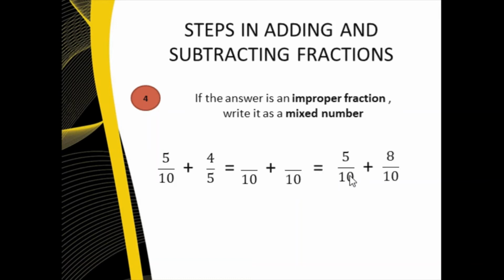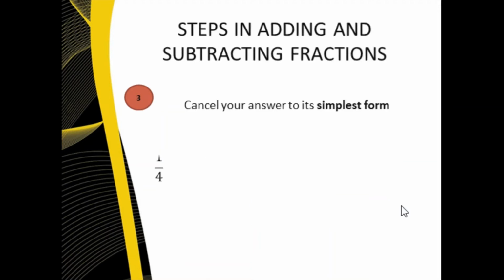And so you have 13 over 10. 13 over 10 is an improper fraction. So we change it into a mixed number. The answer would be 1 and 3/10. You will know later on how to do changing improper fraction to a mixed number. Okay, let's skip this one.